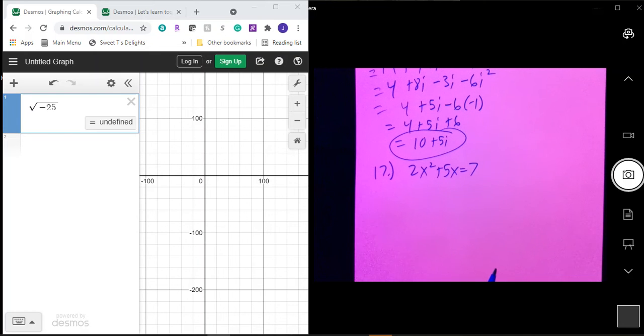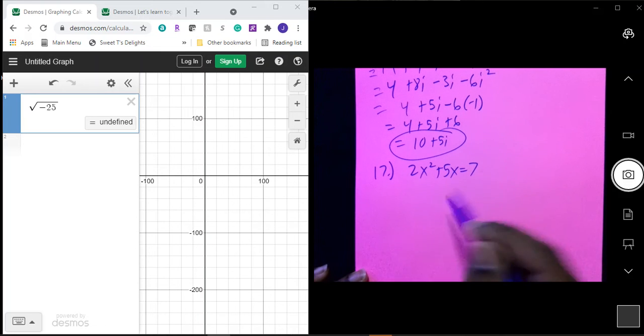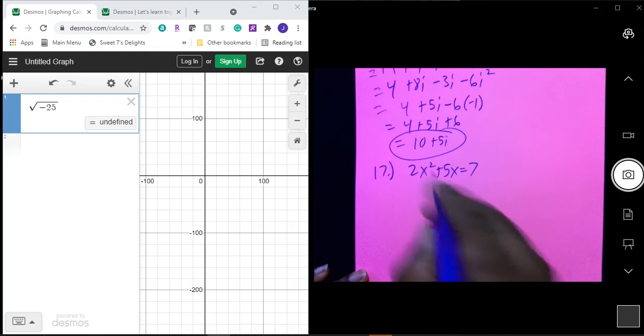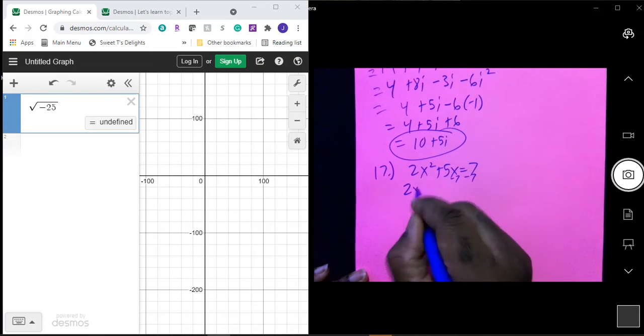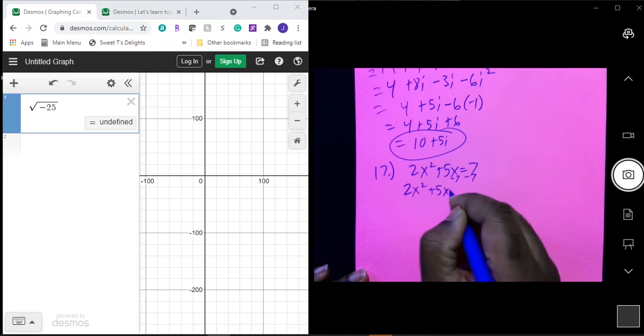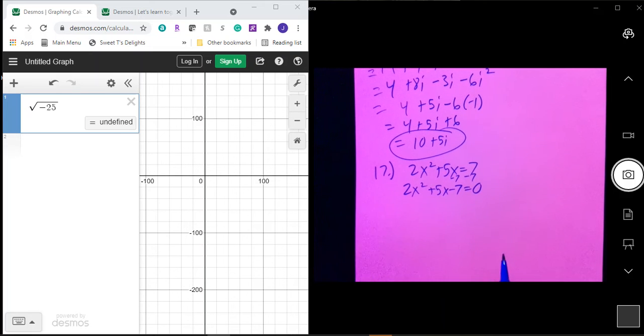Verify your real solutions graphically. Verify that no real solutions mean no x-intercepts. First of all, let's make this equation equal to 0. We're going to subtract 7 on both sides. So we had 2x squared plus 5x minus 7 equals 0.